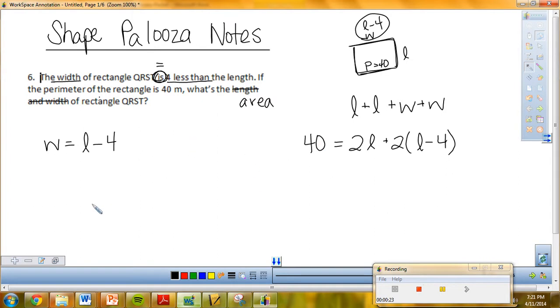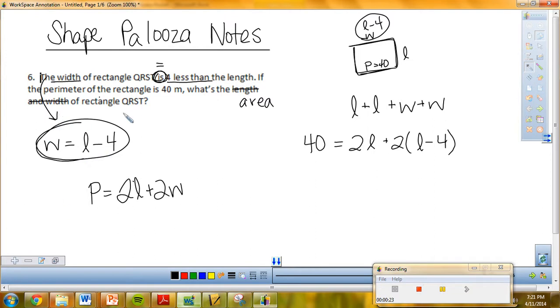Right? So this is using the fact that we know the perimeter of a rectangle is 2 lengths plus 2 widths. And here's the key, is translating that first sentence so that we can then substitute it into our original perimeter formula.